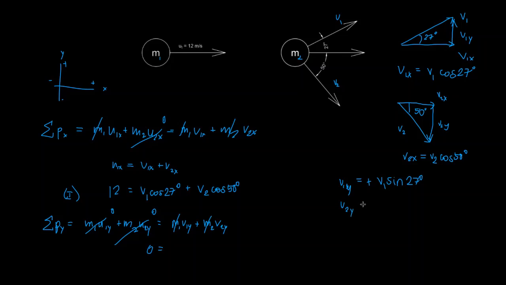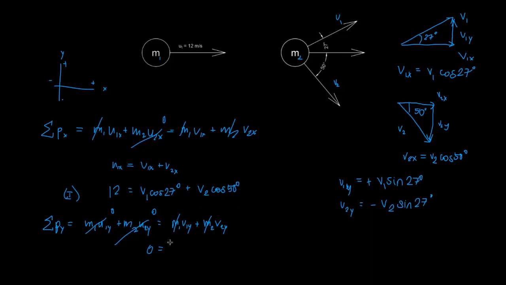For v sub 2 sub y, that is equal to, since pababa naman siya, that is negative times, ano yung v sub 2? Then opposite yung vertical displacement, di ba? So that is also sine 27 degrees.